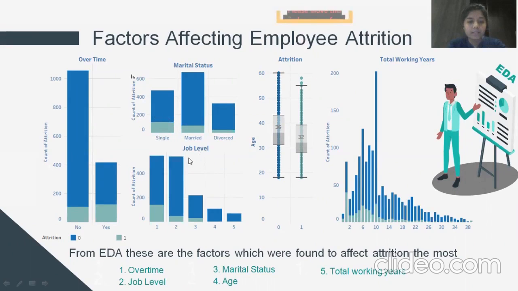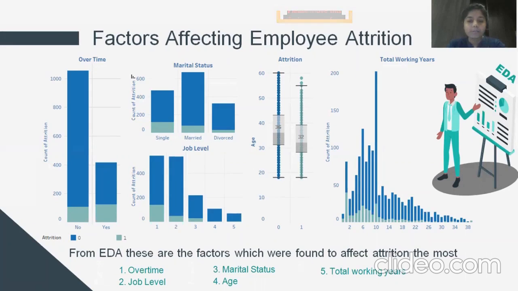And in case of job level, people tend to quit at the lower job level 1 compared to other levels. In case of age, we may say that employees who are quitting are likely to be under 32 years when compared to people who are staying in the organization.